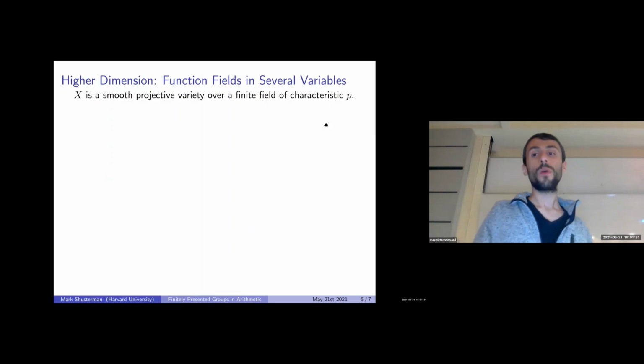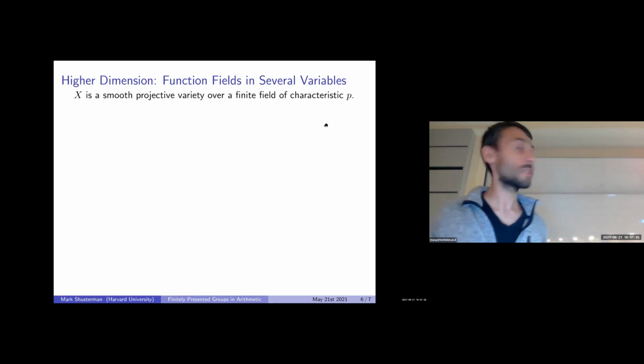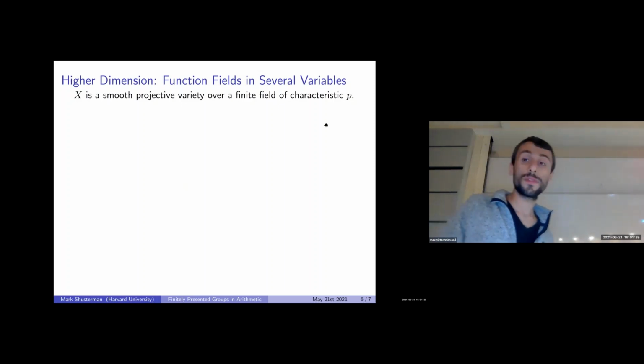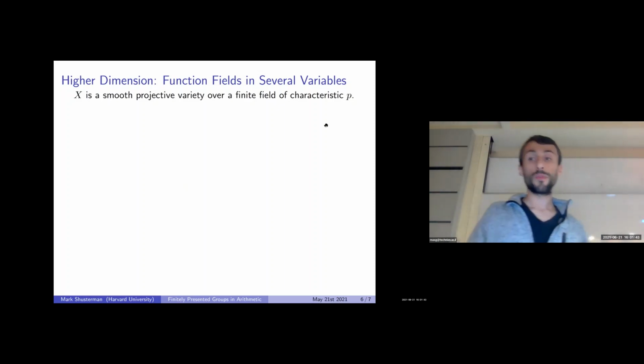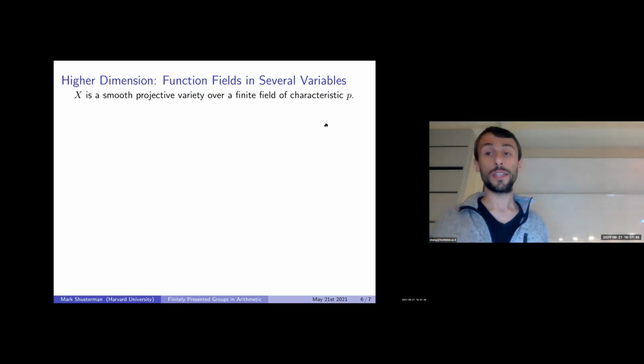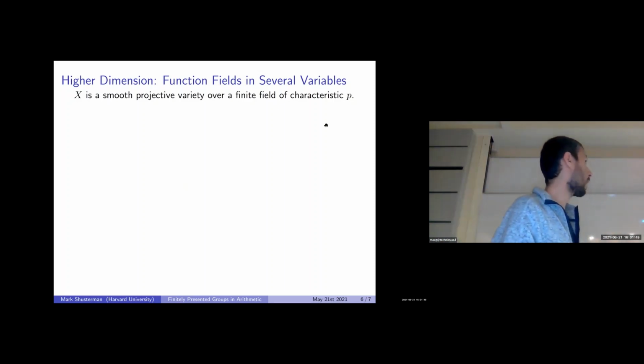Okay, and so now a third analogy, if you want. It's very natural, once you have obtained a result for varieties of dimension 1, namely for curves in characteristic p, to try to prove something for higher-dimensional varieties. So this is my X, now a smooth projective variety of any dimension.